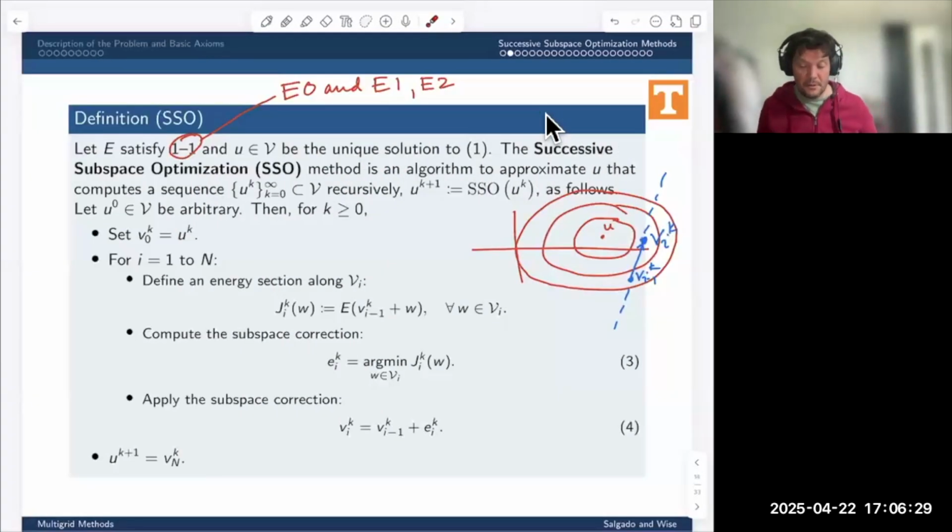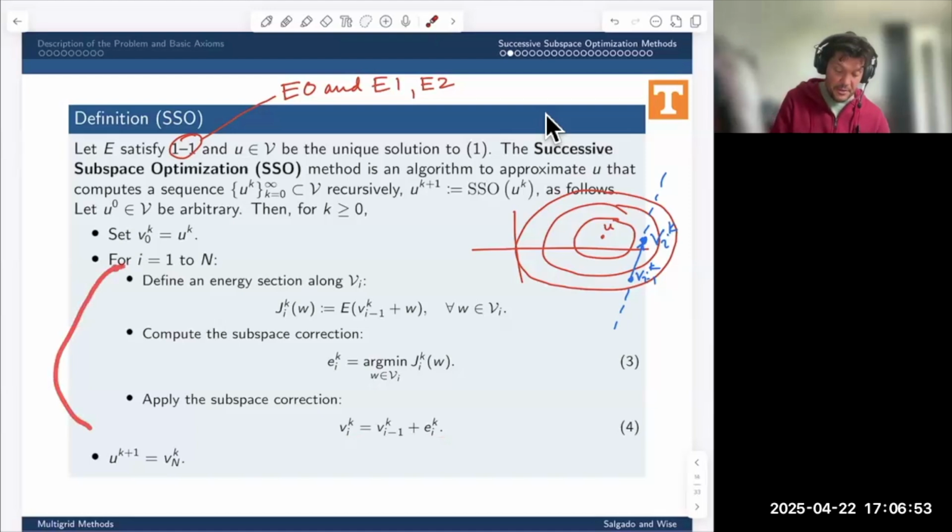So the one big question is what subspace decomposition works best? That's a good question. We don't know yet what subspace decomposition works best or what works at all. We're going to get to that in the next chapter. Once we optimize along that direction and add that correction, we get the corrected value.